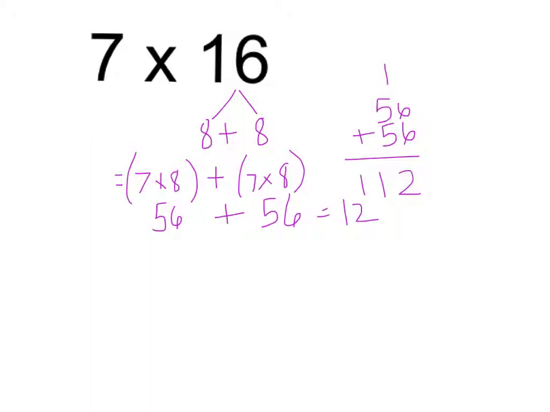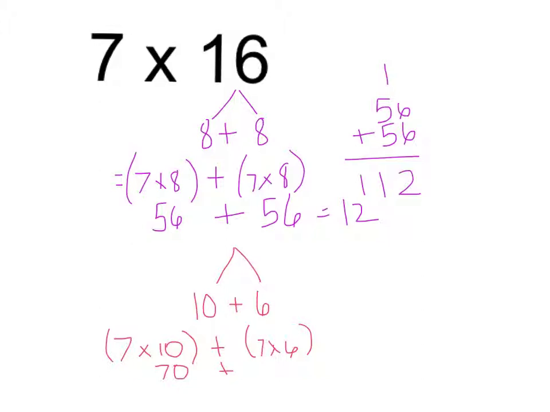But breaking apart numbers is easier when I can multiply one of those numbers by 10. So let's break apart 16 into 10 and 6. So here we have 7 times 10 plus 7 times 6. Although I have to do two multiplication problems, one of them is really easy. 7 times 10 is 70.